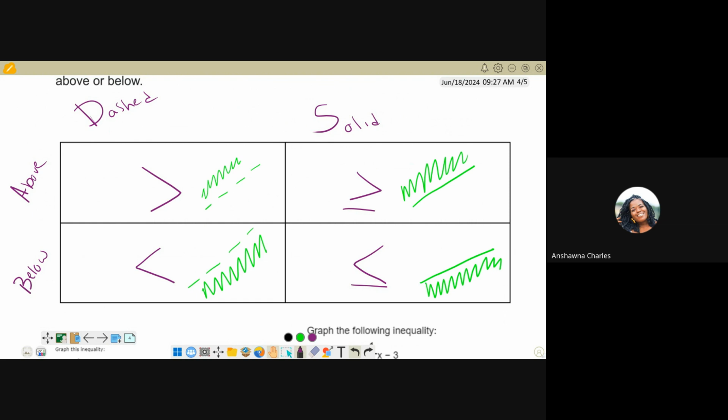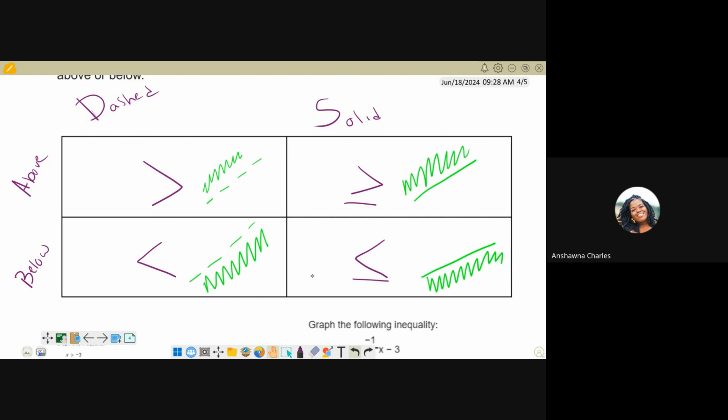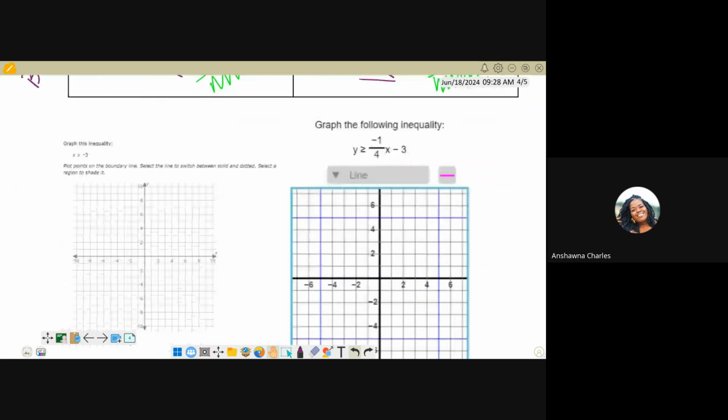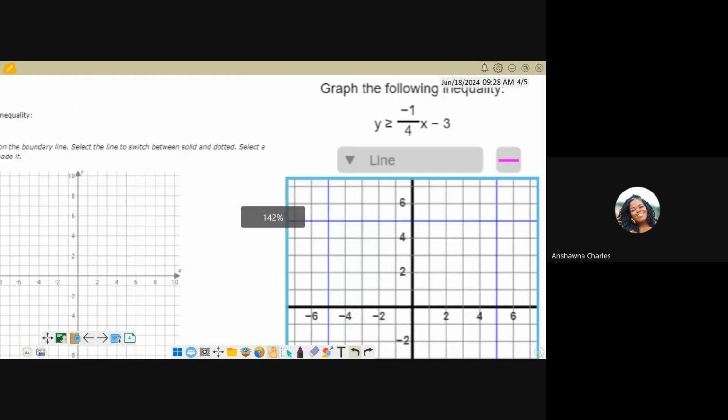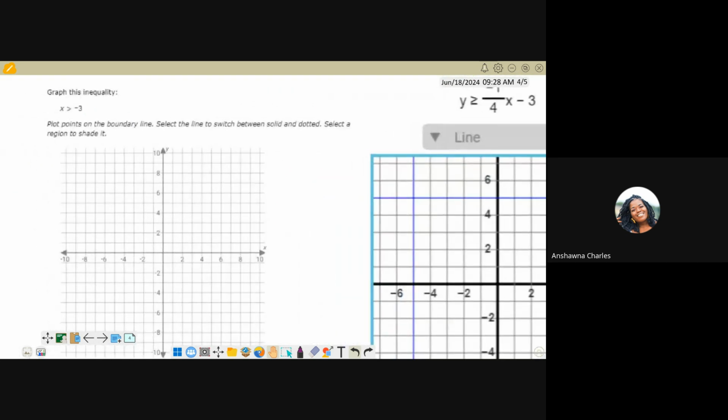And we're going to do a couple of examples. Okay, this one is one of those special cases.